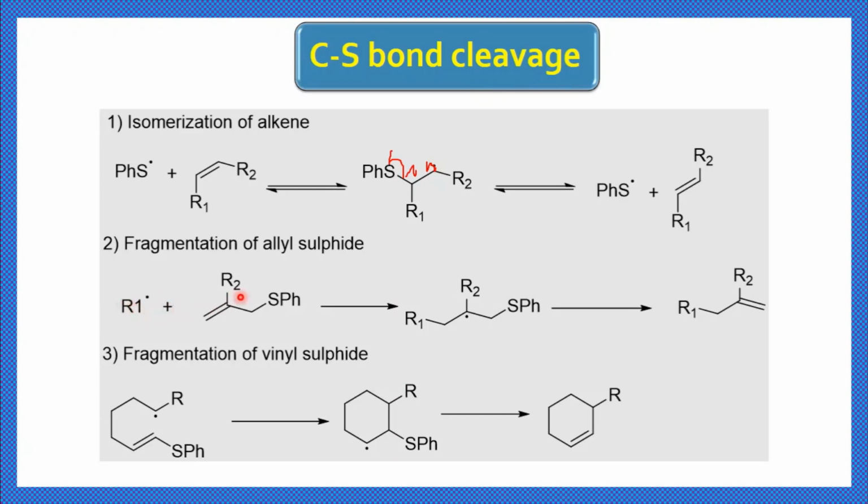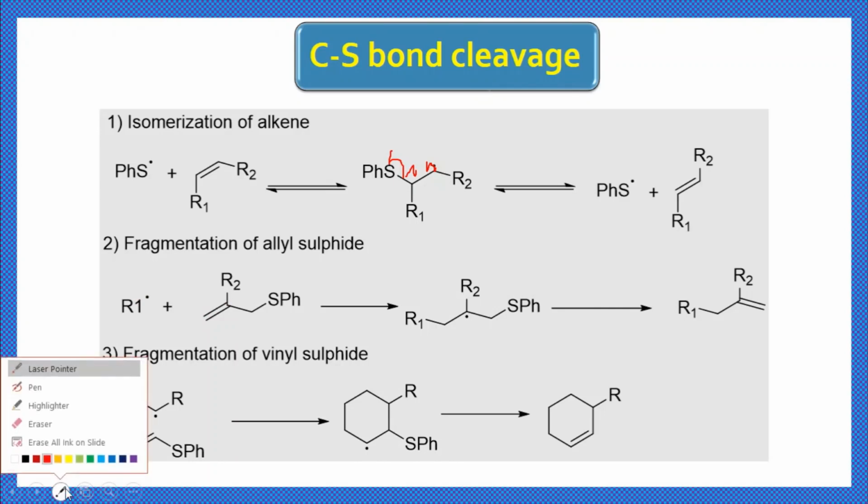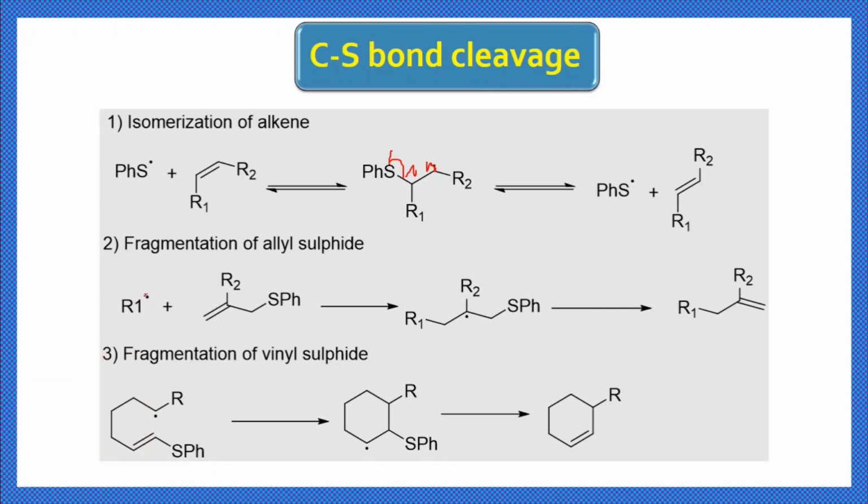The R1 radical reacts with this alkene, forming a bond with this carbon-carbon double bond. Let me show you that. So this R1 radical, and this carbon-carbon double bond undergoes homolysis.